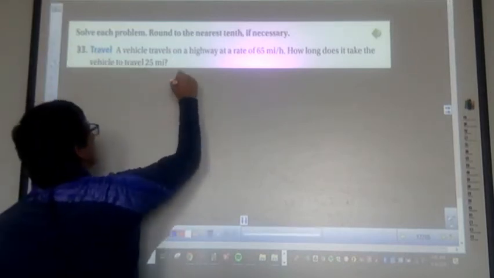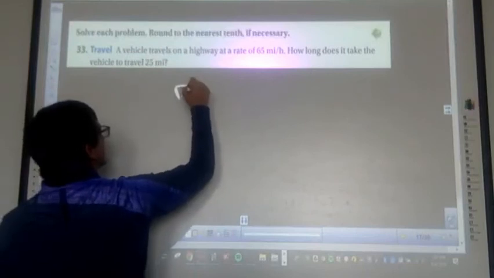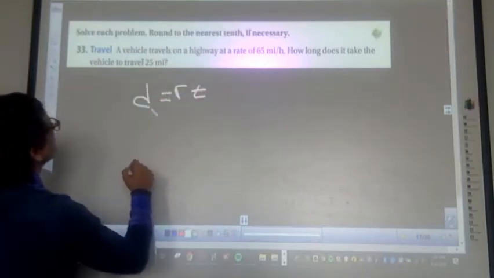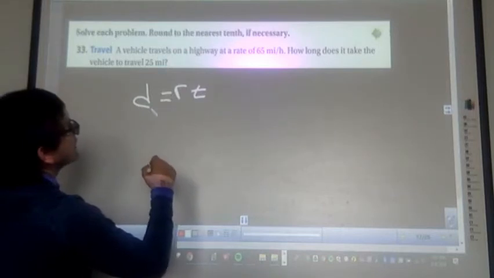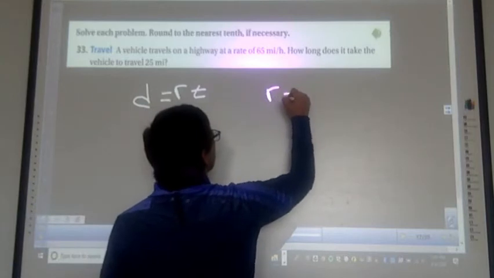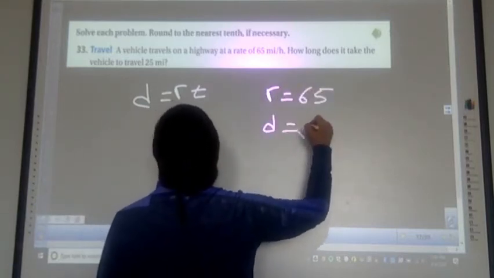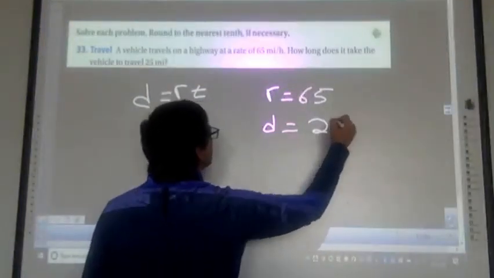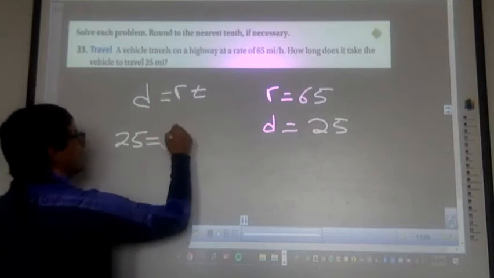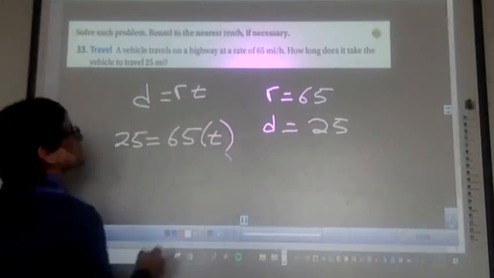So it's going to be rate times time equals distance. How long does it take the vehicle to travel 25 miles? So the rate is 65. The distance is 25. So just plug that in. 25 equals 65 times t.